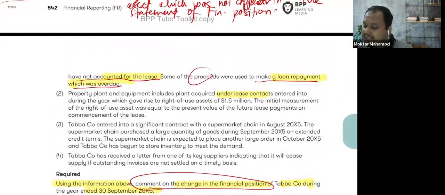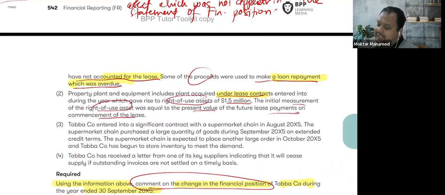So these things require an ROU asset. PPE include plant acquired under lease contract entered into during the year which gave right of use asset 1.5 million. Initial measurement of right of use asset was equal to the present value of future lease payment on commencement of the lease. So this is again about leases, for the lease liability.